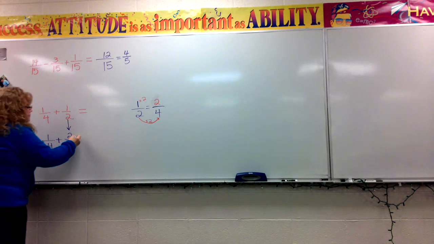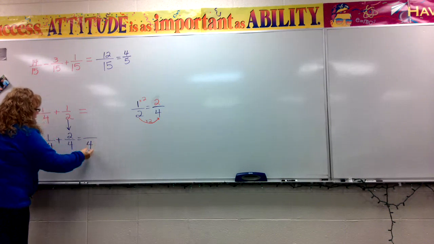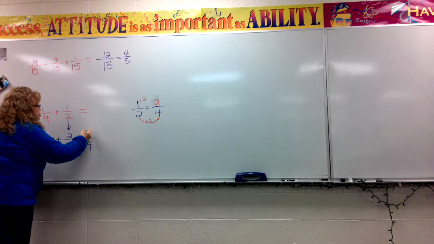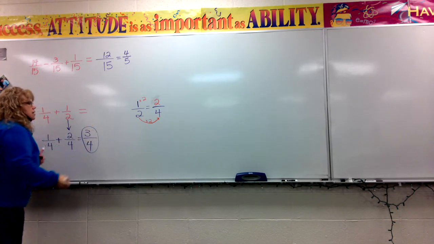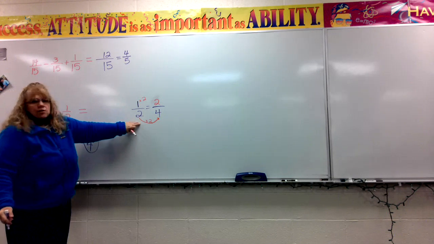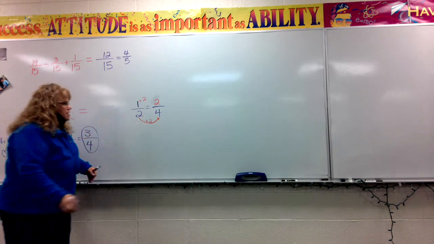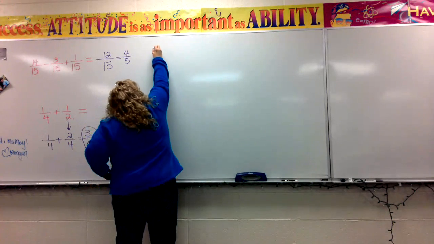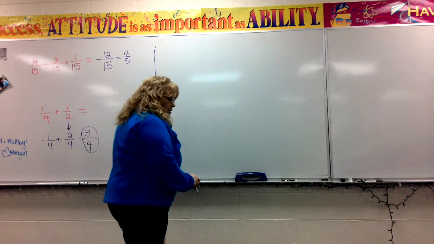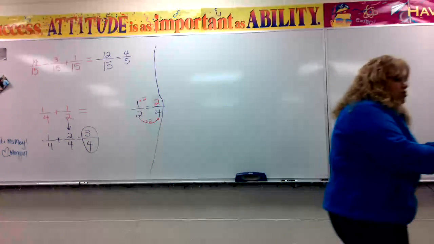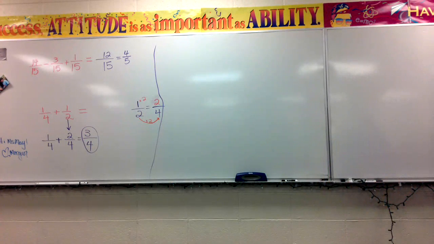You leave the denominator alone and you add up the tops, so you get 3/4. This right here is what I am concerned with today: getting that equivalent fraction. So we're going to start by adding something like, oh yeah, let's do this one.